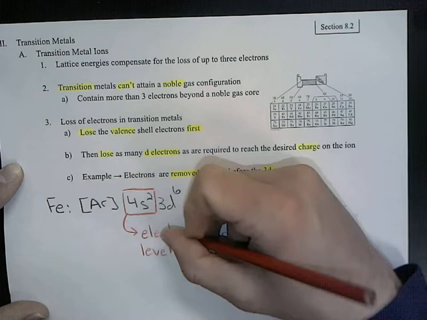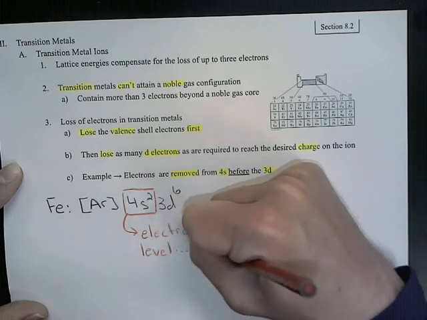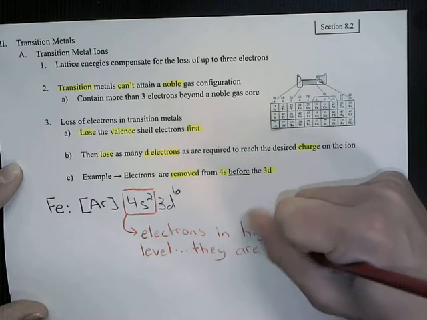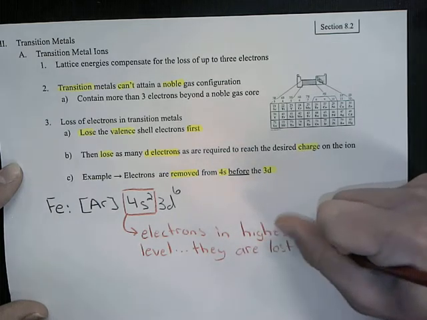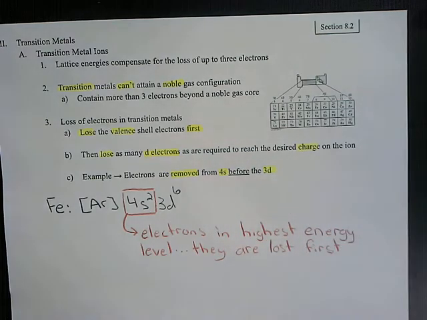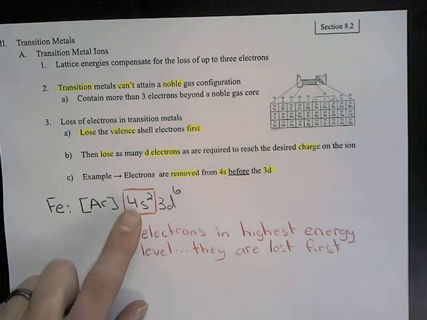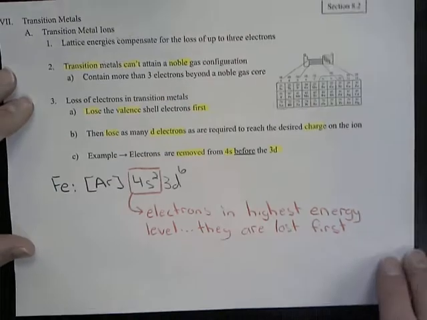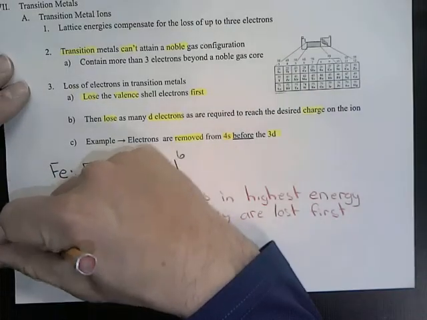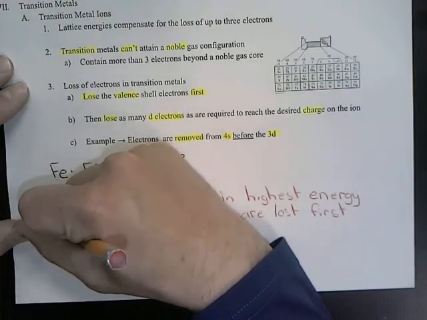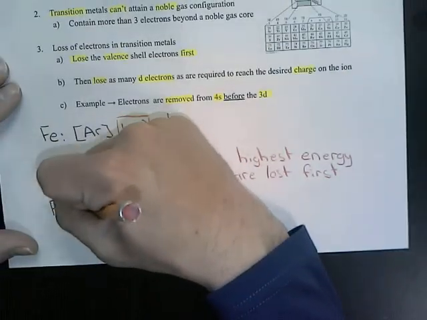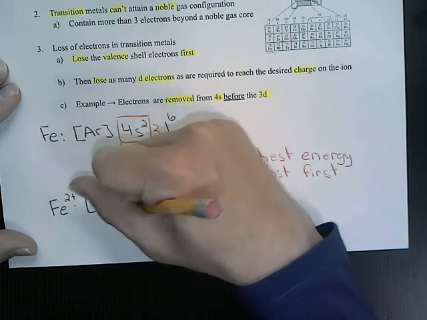What that means is they are lost first. So if we lose these 2 electrons, we have iron that lost 2 electrons and forms a 2 plus charge. So now its electron configuration looks like this.